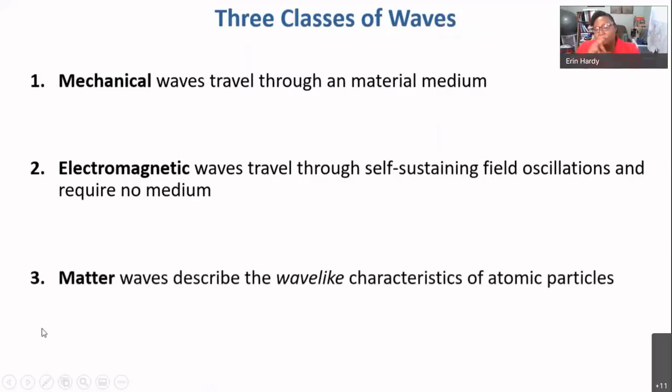Then matter waves. We're really not going to be able to do anything with these until we get to Unit 4. These are related to the concept of modern physics and quantization. We're all pretty familiar with the idea that light can be modeled as a wave and as a particle.